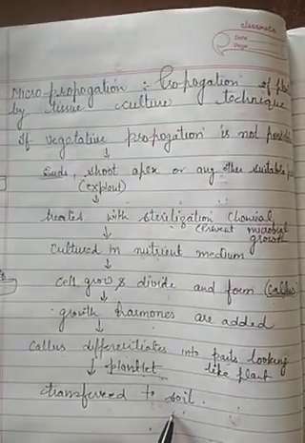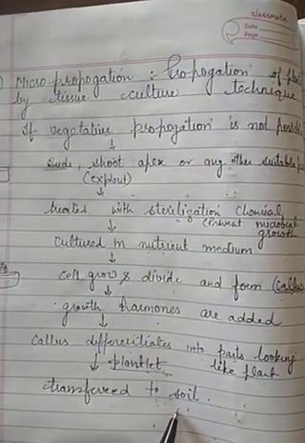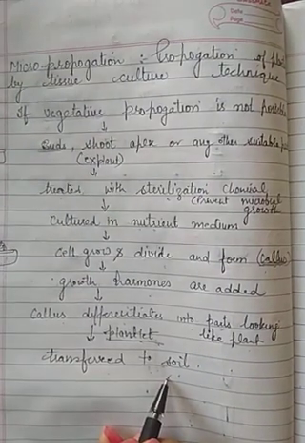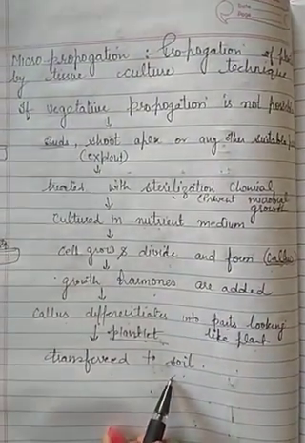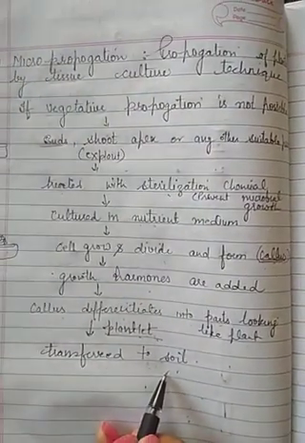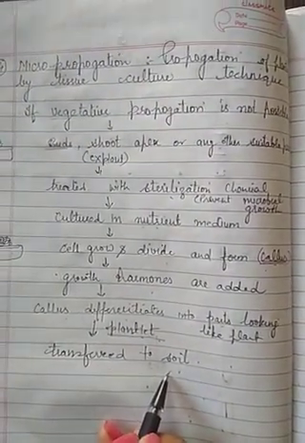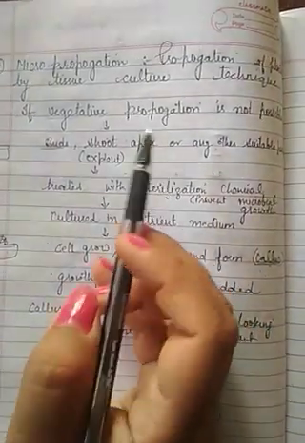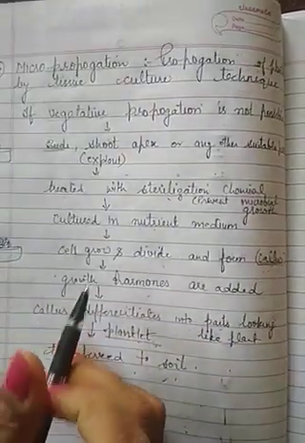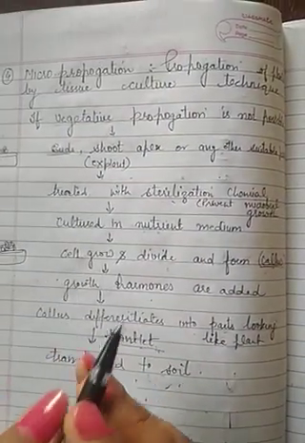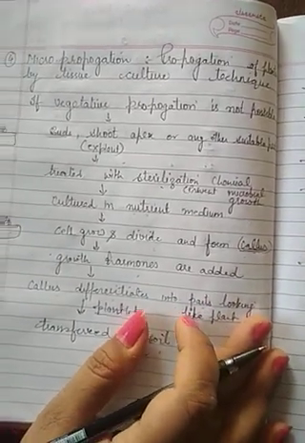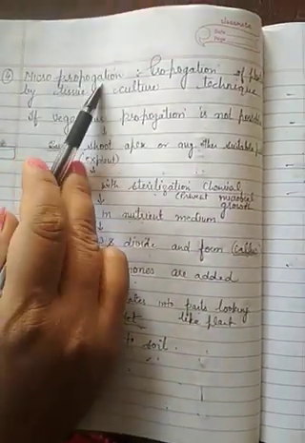We do this micropropagation when vegetative propagation is not possible, and the farmers and horticulturists apply this artificial method of growth. So that is tissue culture, in which we make a culture of a tissue and then are able to form a plant. That process is called micropropagation.